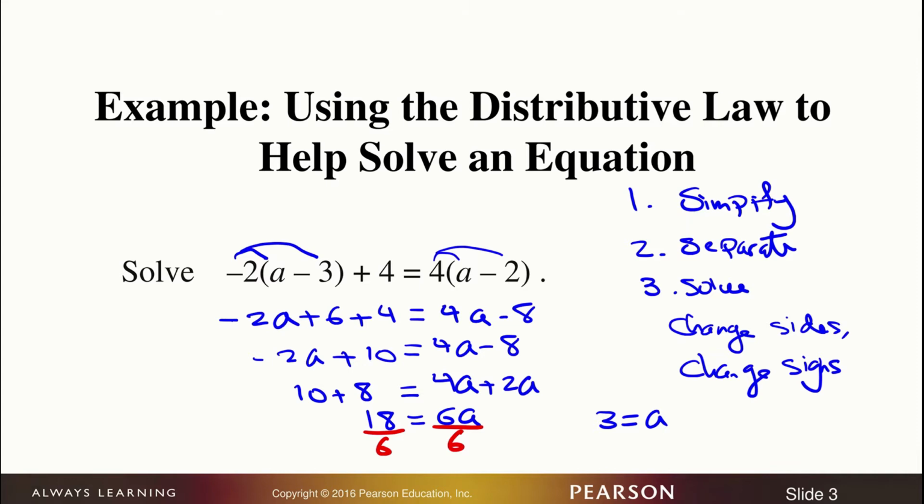And as I've always mentioned, anytime time allows, you should check it. If you want to check it quickly, you can do so using a calculator. Just plug in for a in this expression, and in that expression, and make sure you get the same result.